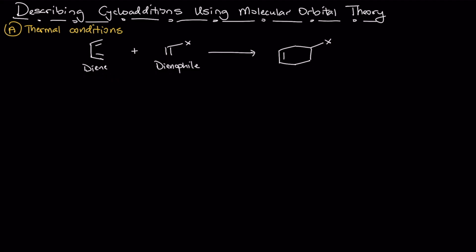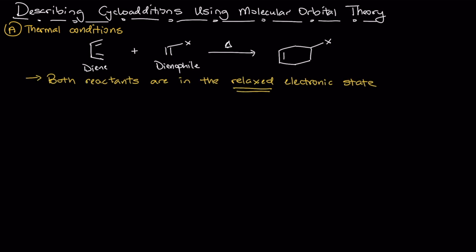Under thermal conditions, we simply mean that our diene and dienophile are reacting with heat. And that heat is denoted by that delta sign on top of the arrow. So this is a heat-based reaction. And under these conditions, both of the reactants, both the diene and the dienophile, the molecules involved in the cycloaddition, are in their relaxed electronic state.